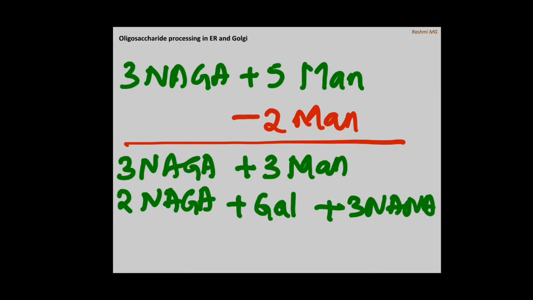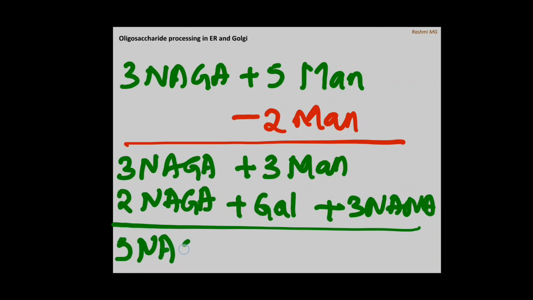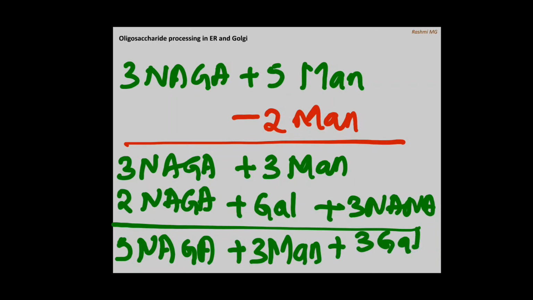How many are there now? 5 NAGA plus 3 mannose plus 3 galactose plus 3 NANA. Are you getting my point? So how many are there?